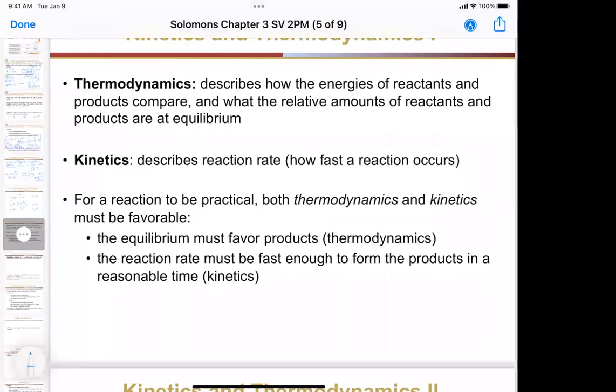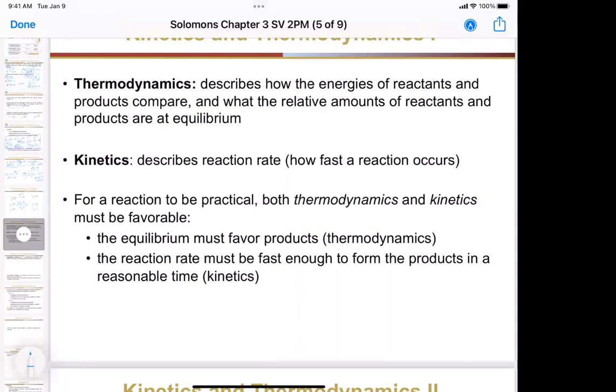Now, in contrast, you can have a reaction where it goes very quickly and makes a high energy material. Okay, that's kinetics. Kinetics is the speed of the reaction. Just because a reaction goes doesn't mean it's thermodynamic or kinetic. You have to look at the 2 components. Compare the products and the reactants energy-wise, and then see how fast the reaction went.